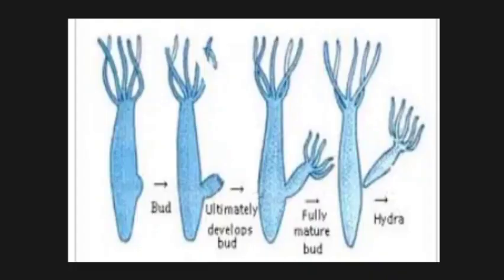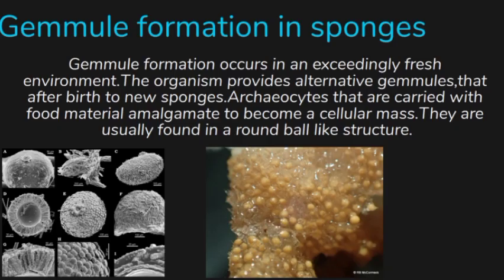Then next I show the figure. This is the figure where the bud develops into a fully mature bud and then a hydra. In the last slide, we discussed the formation of gemmules. In this one, we are discussing gemmule formation in sponges.